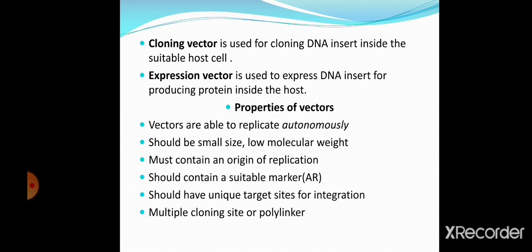So here the cloning vector is used to put DNA into the suitable host cell. Expression vector is used to express the DNA insert for producing protein inside the host cell. Whereas a cloning vector is used for cloning the DNA insert inside the suitable host cell.